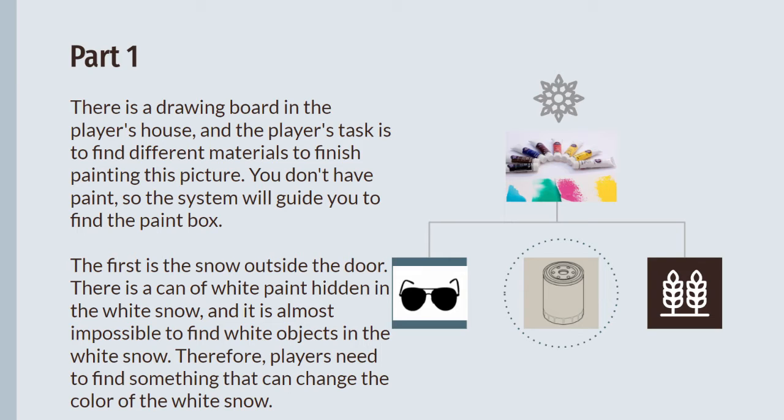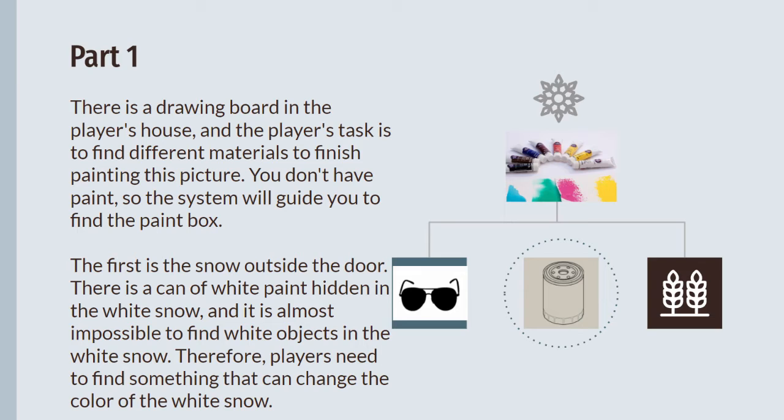So the players know from here that they need to find white paint in the antlers. After wearing the mysterious glasses, the player changes the color temperature of the white snow, and it becomes a grayscale picture. The glasses also increase the contrast, so you can clearly see the difference in snow color caused by uneven ground, and it is easier to find the pot of paint.